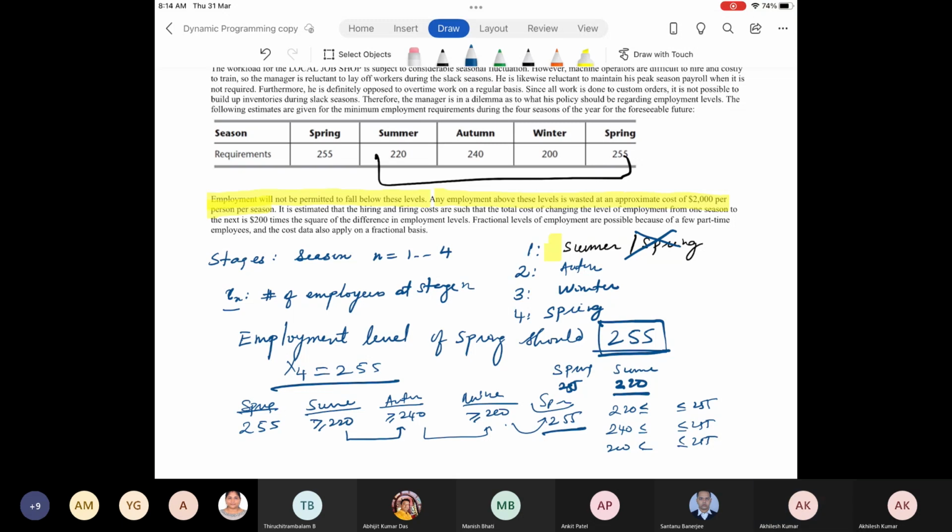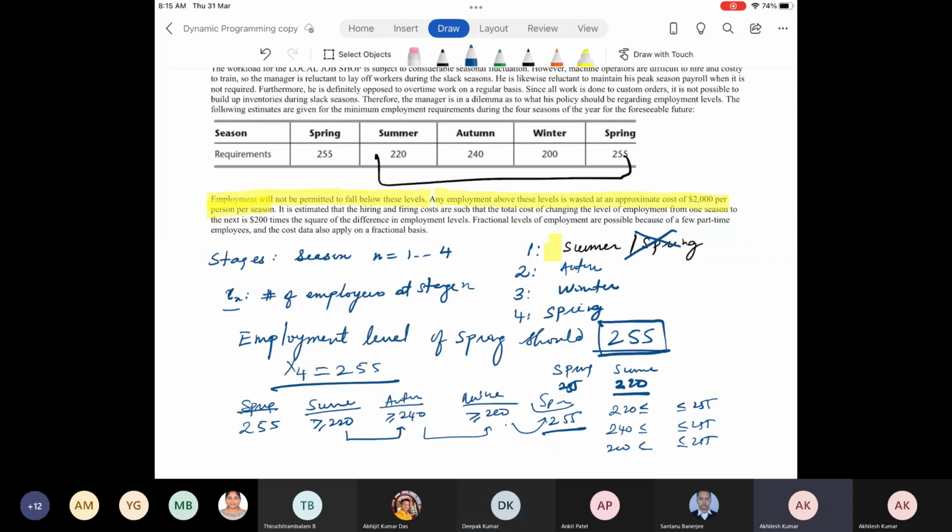Yes, sir. So does that mean that if we set the employment level in winter as 200 and do the backward approach, then there is a chance that for spring it might be more than or less than 255? Yes, there is chance, right? Correct.